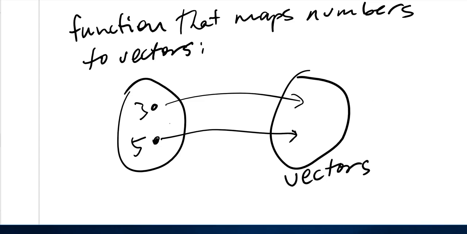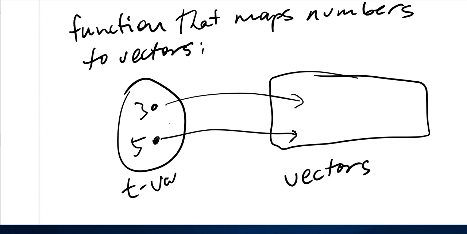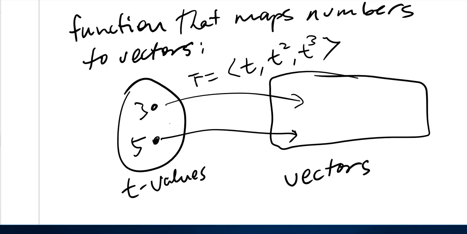So let me draw this differently. Let me draw a big box instead. So these are t-values, or whatever variable you want. And maybe your vector function is t, t squared, t cubed. So then for 3 you would end up with the vector 3, 9, 27, and you would draw that point in space.